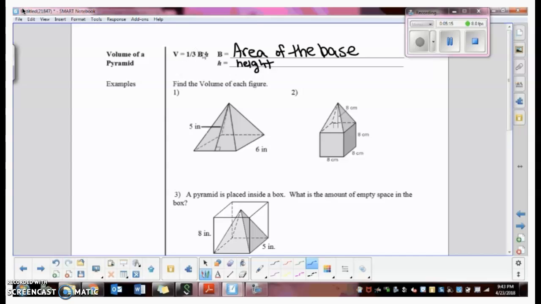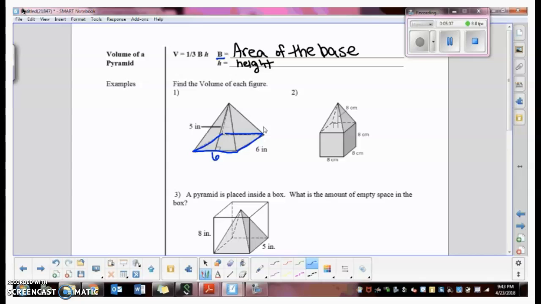The volume of a pyramid is 1/3 base times height. Base being, notice how it's a capital B, so that's the area. Whenever you have a capital letter like that, that's what they show you to indicate that they're adding another dimension to this one.